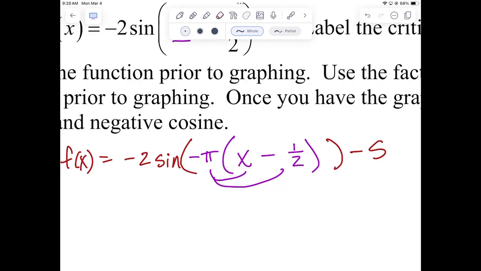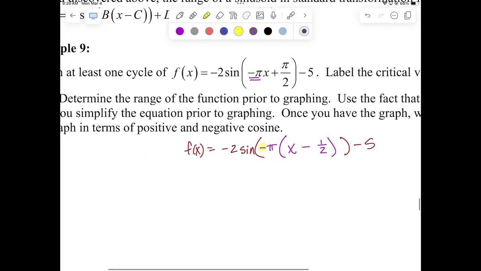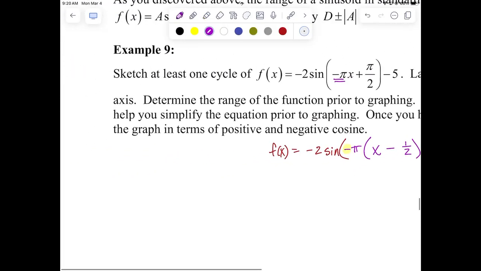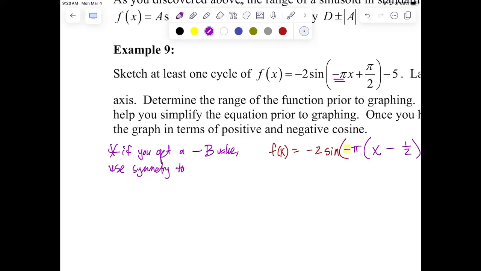Okay, now, here's something new that we haven't seen yet. We have a negative b value. Here's the idea behind negative b values. If you get a negative b value, use symmetry to rewrite it.